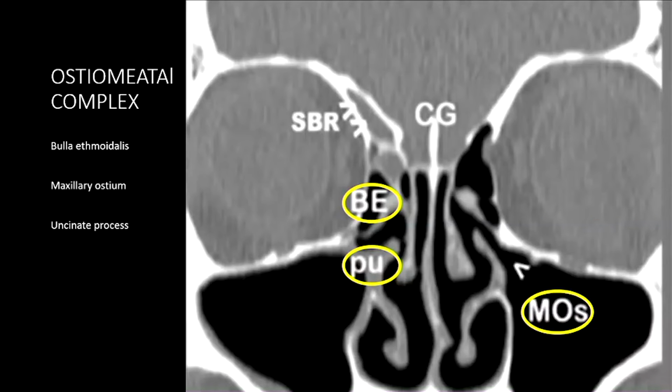Going further back, this is the other really important slice that you'll come to when you do your segmentation, because again, lots happening, and we call it the osteomeatal complex. It's a complex of structures where basically a lot of drainage pathways will converge. So we'll start looking at the maxillary sinuses on the left and the right.